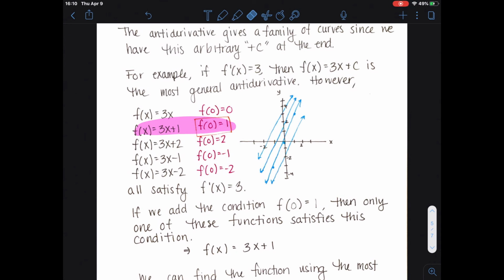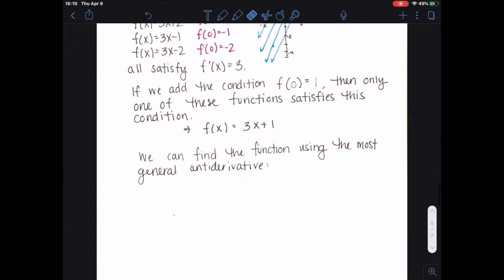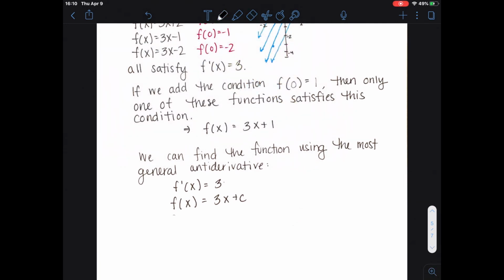What we can do, however, is we can actually find that function using the most general antiderivative. So the derivative is 3. The most general antiderivative is 3x plus c. Now what we'll do is we'll use the initial condition. F of 0, if we plug that in, will be 3 times 0 plus c, which is just c.